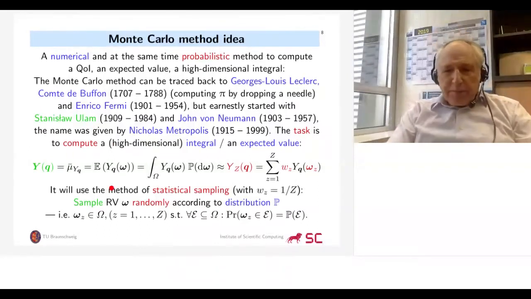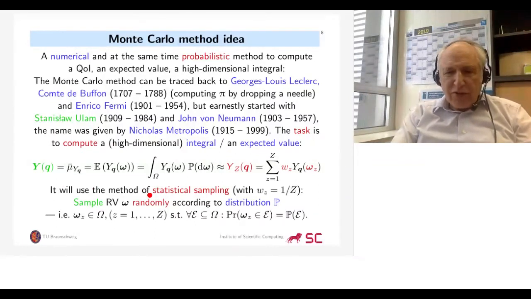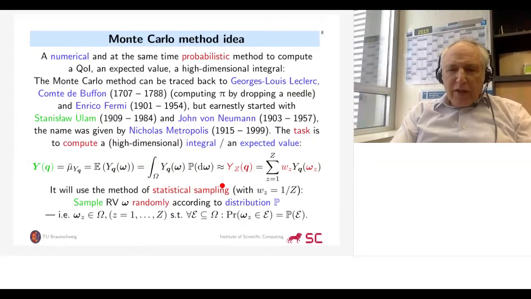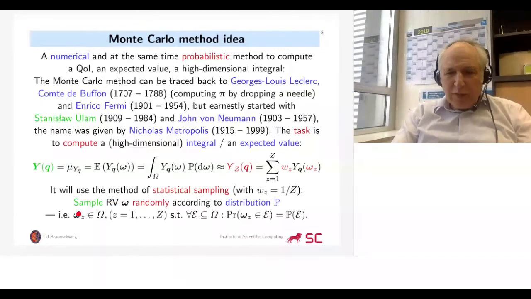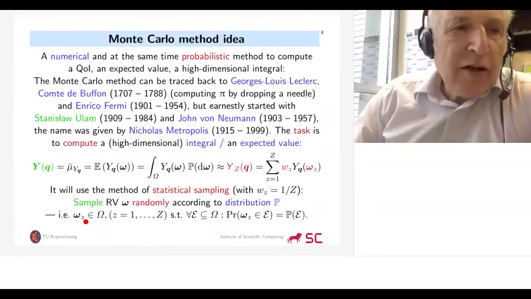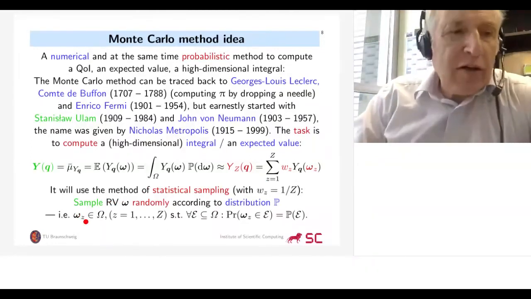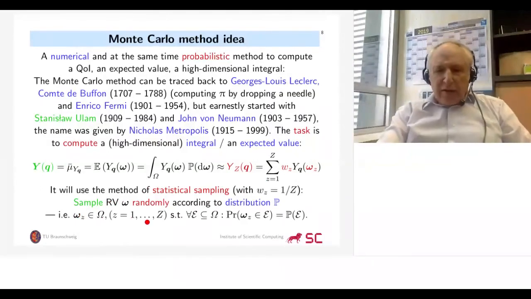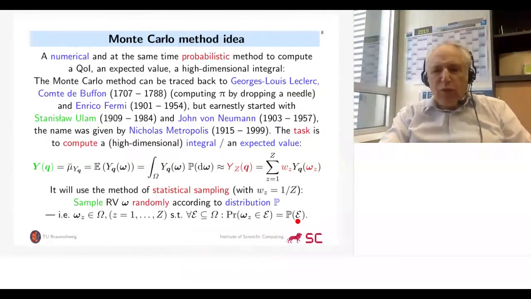So what we do is we want to compute it like this, and the mathematical sampling method is to do the following. We randomly sample this, okay, with equal probability, which means that the probability of being in some set is equal to this probability which we've had before.